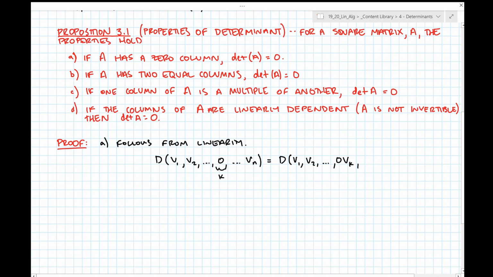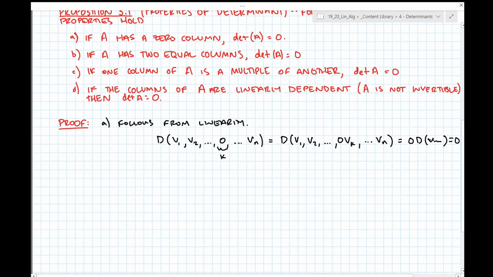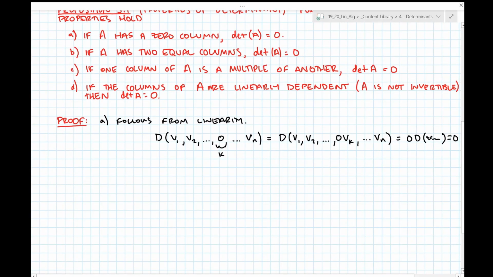I can pick any vector that I want, 0 times Vk, because that zeroes out the vector. And by linearity, I can pull this 0 out front, which is 0 times the determinant of something. Well, 0 times anything is 0. So that's a pretty quick argument: if you've got a 0 column, you can consider that 0 as a scalar multiple of really any vector that you want. Because we can pull scalars out by linearity, that's going to zero out the whole determinant.